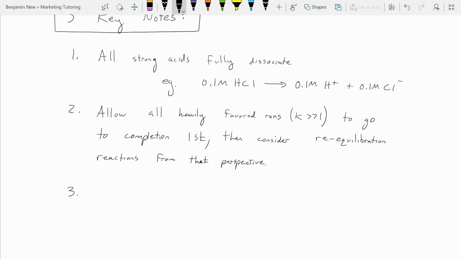Third key is the water dissociation reaction.